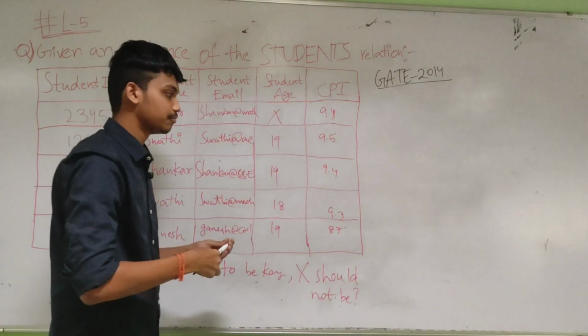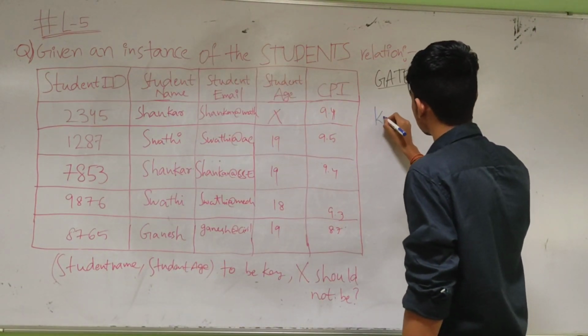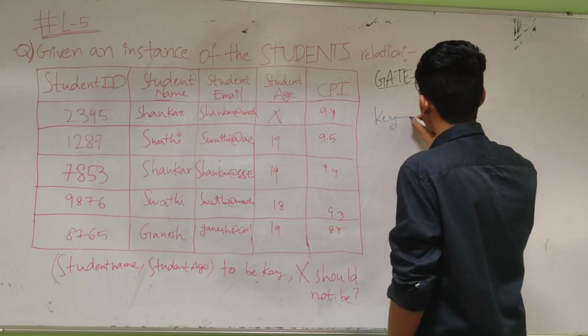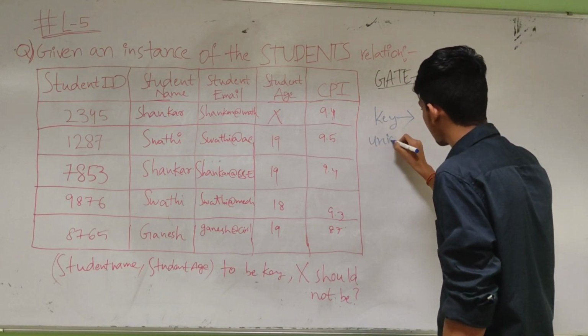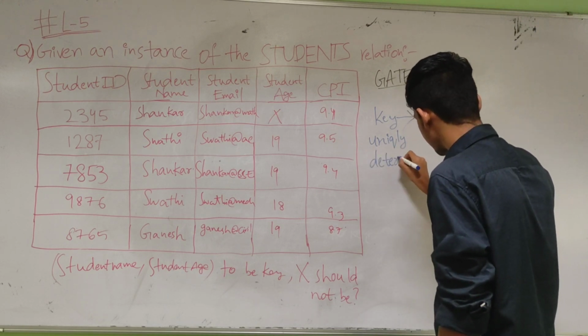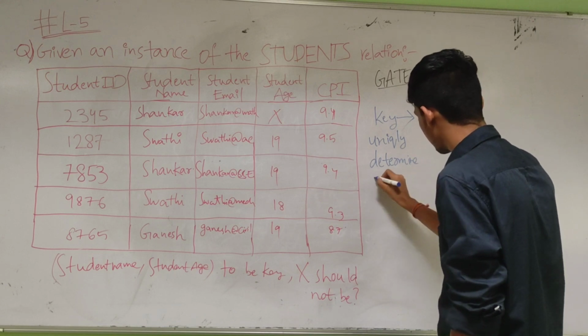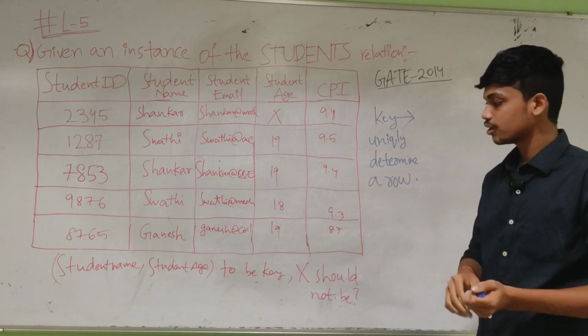First of all, what is a key? With a key, we can uniquely determine a row.